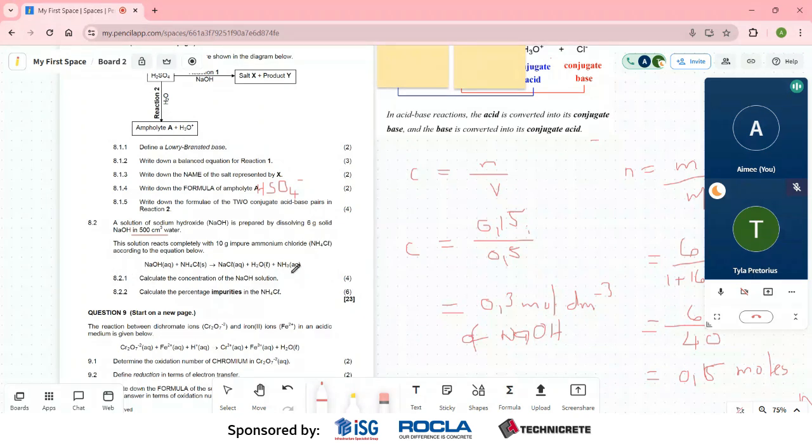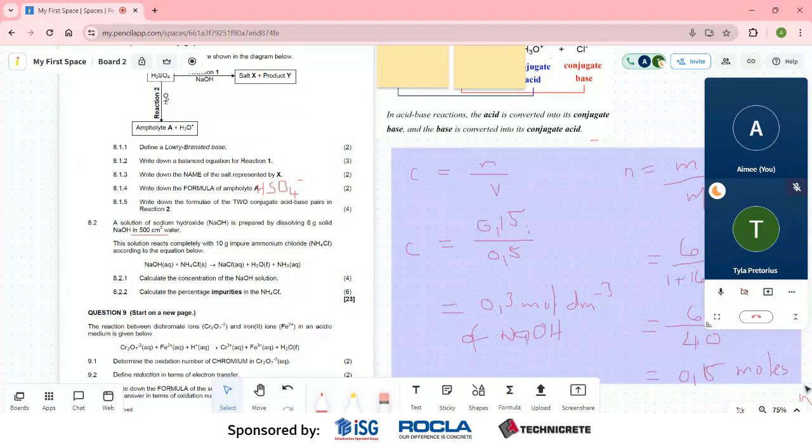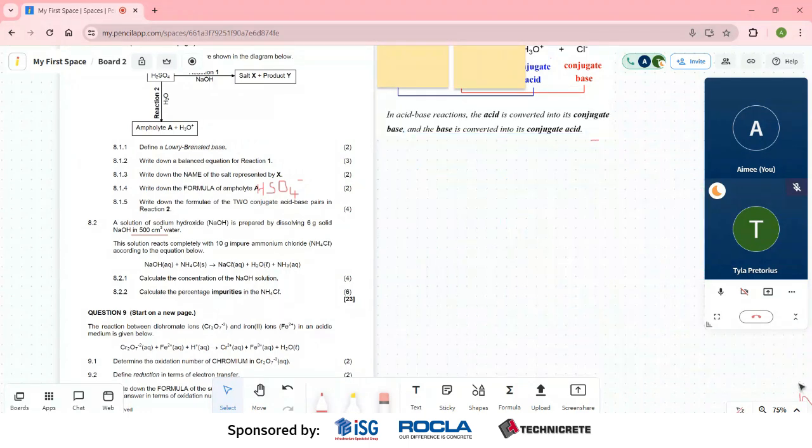So that's for 8.2.1. Then we move on to 8.2.2. Calculate the percentage impurities in the NH4Cl. So how are we going to go about this?